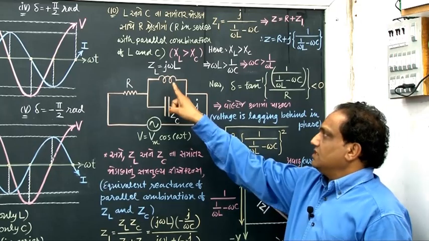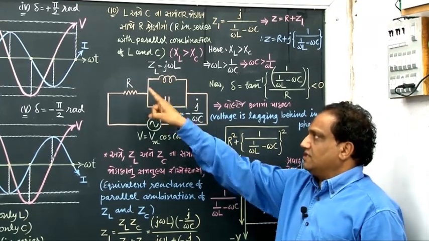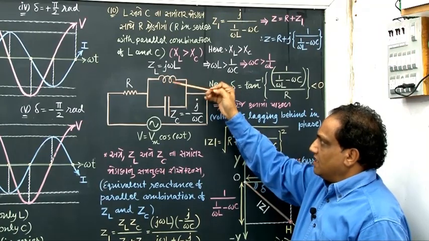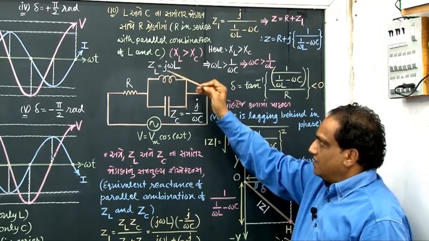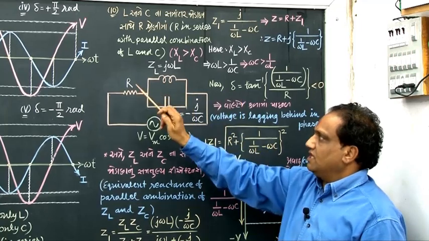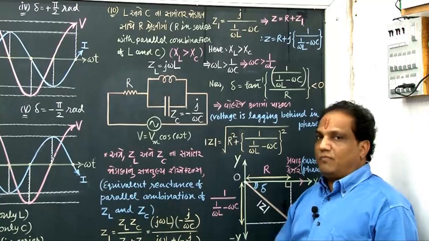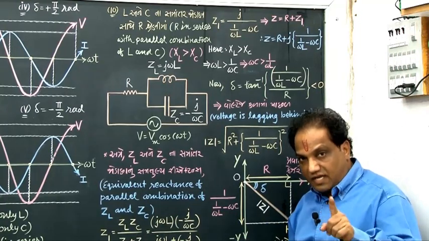Look, this is inductor, this is capacitor, this is resistor. The inductor and capacitor are connected in parallel, and their parallel combination is connected in series with this resistance.